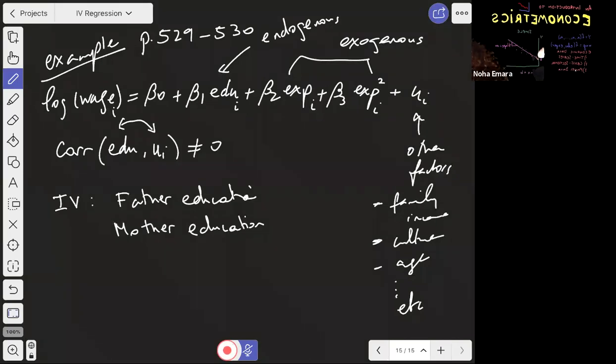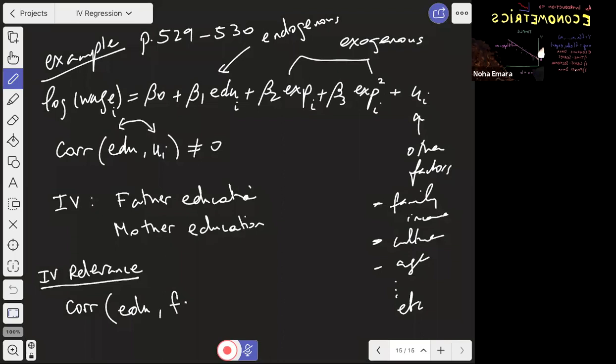If I'm talking about the IV relevance test, I think that there must be some correlation between the problematic variable and father's education as a variable.